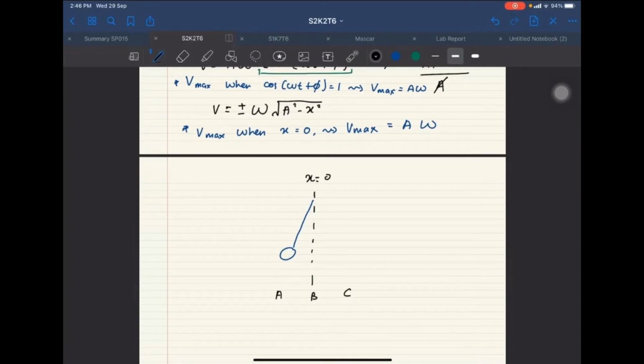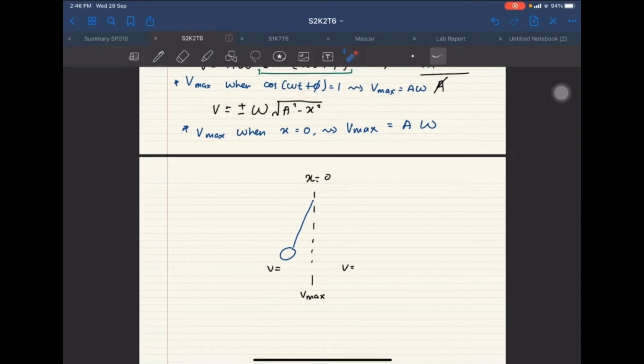B. If we going back over here, when X is equals to 0, V maximum is over there. Kalau dekat A dengan C, V saya sama dengan okay, kalau confused, tengok balik equation ni.